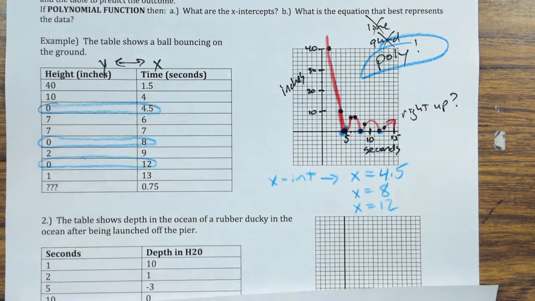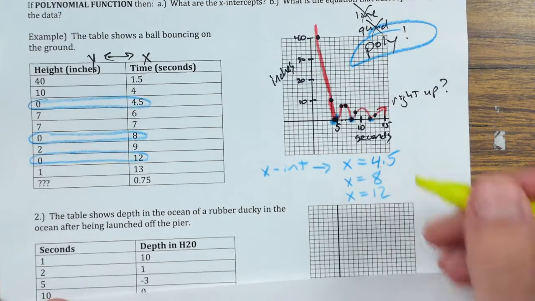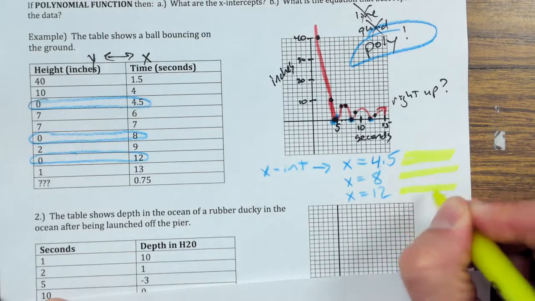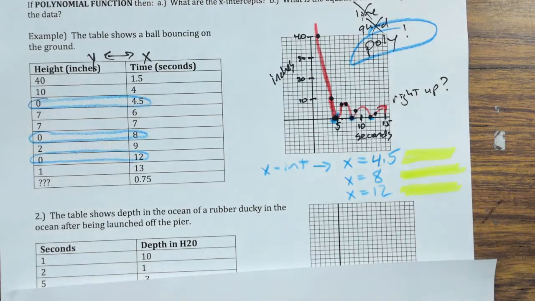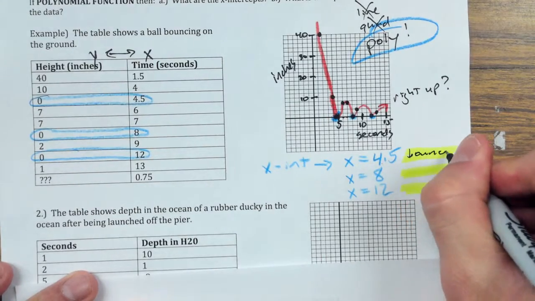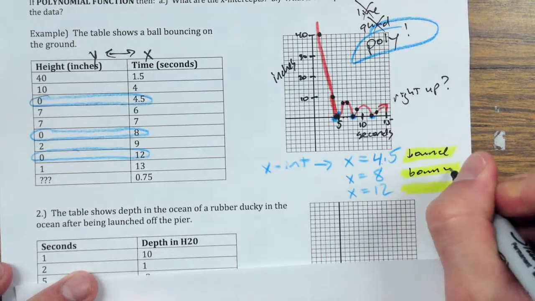Also, at each of these locations, they bounced. A ball bounces. That's actually going to be a very important math move for us.